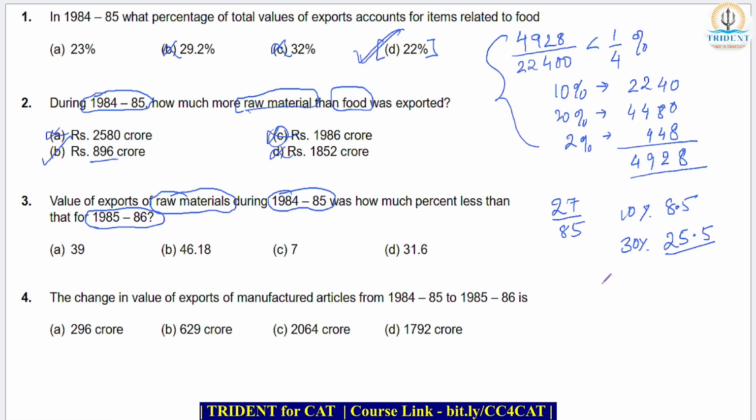Okay, now if you pay attention to these numbers, 7 is ruled out. It is not less than 7%. It is a little more than, because the numerator is 27, 30% we are getting at 25.5. So a little more than 30%. It will not be 46.18. It will not be 39, which is almost close to 40%, which can't be the case. So the only one that can fit the bill is 31.6.